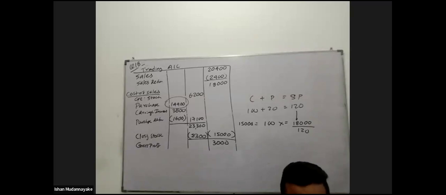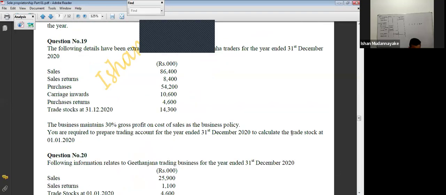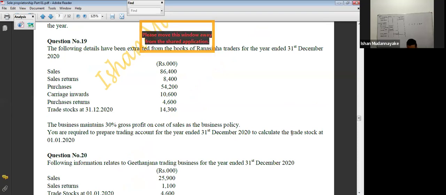Pricing policy of the business is what? 30% gross profit on cost of sales. Pricing policy of the business.